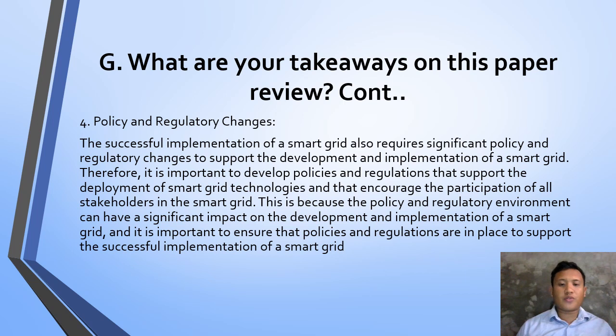Therefore, it is important to develop policies and regulations that support the deployment of smart grid technologies and that encourage the participation of all stakeholders in the smart grid. This is also because the policy and regulatory environment can have a significant impact on the development and implementation of smart grid, and it is important to ensure that policies and regulations are in place to support the successful implementation of a smart grid.